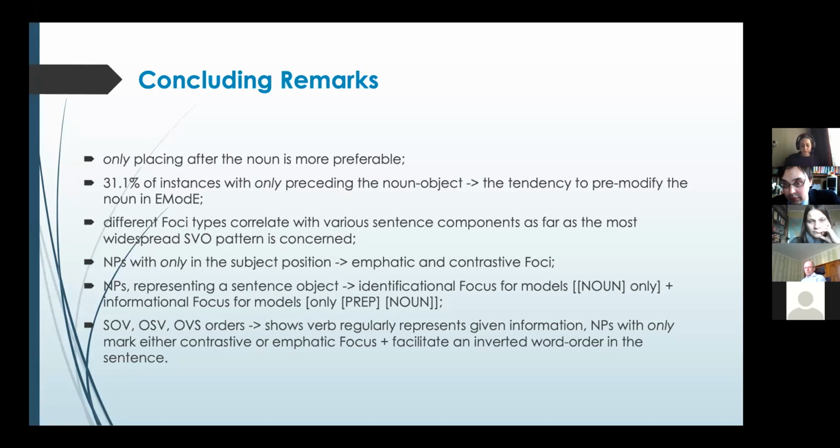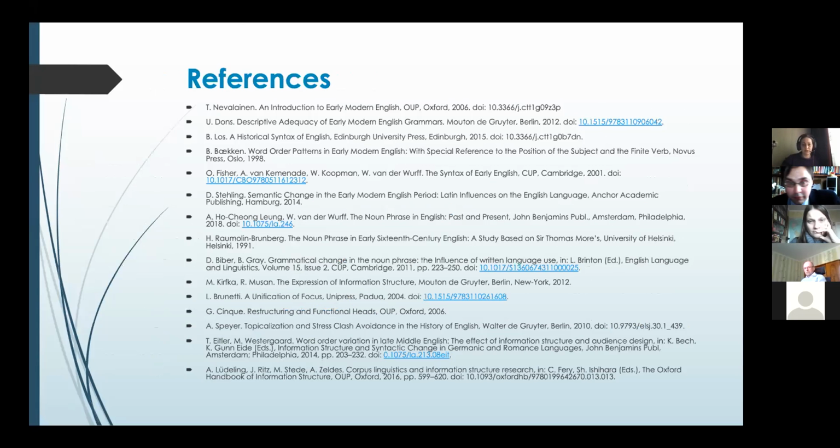And NPs representing a sentence object are more characteristic when they highlight identification focus, especially for modal noun plus only, and informational focus for modal only plus noun preposition. And thank you for your attention. That's it.